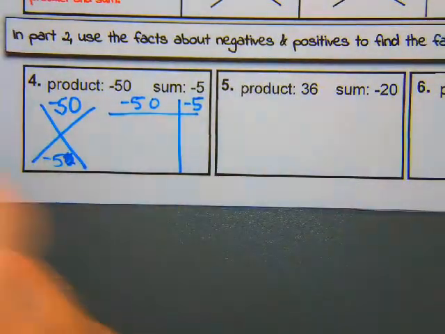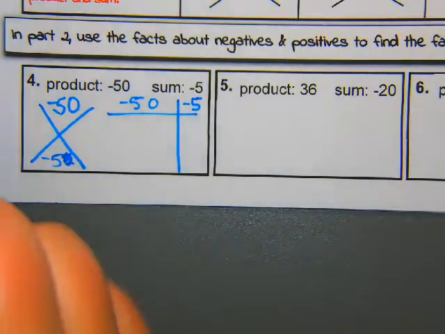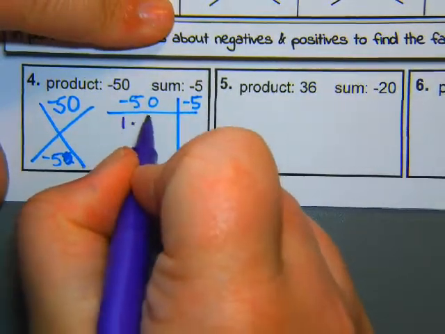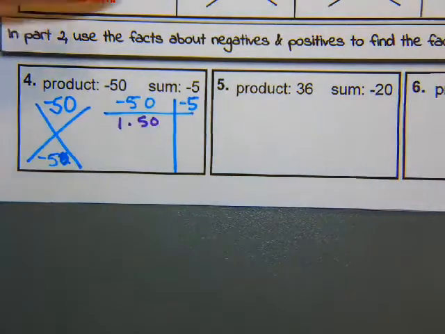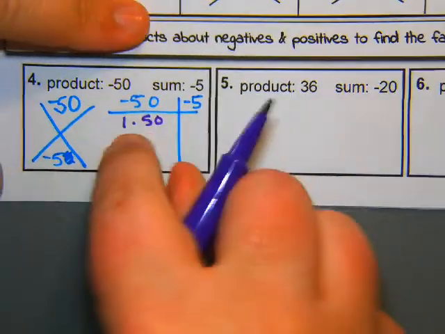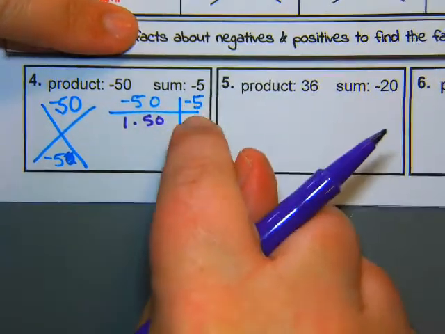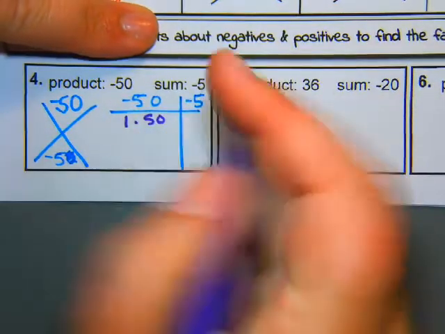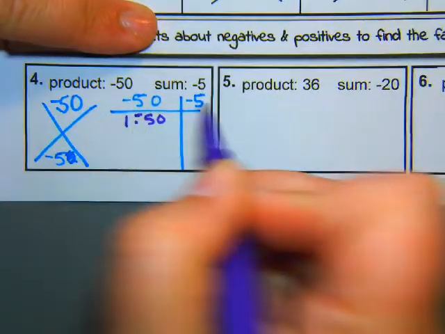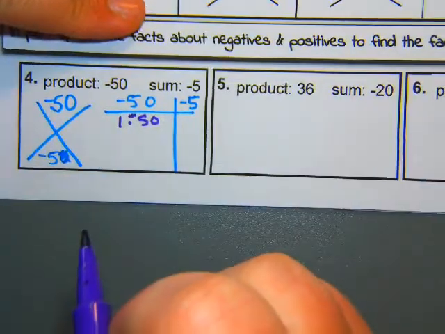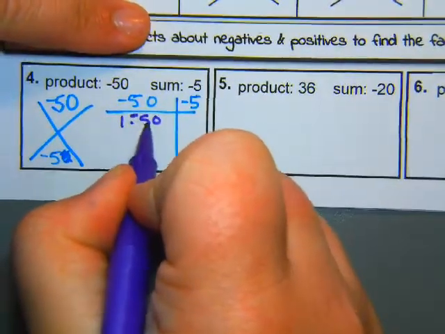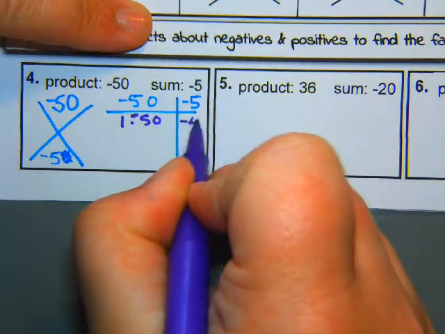Well, let's ignore the negative just for one second. We know 1 times 50 is 50. One of these needs to be negative. Well, if they add to a negative, then the bigger number should be negative, right? Because if we make the 1 negative, they'll add to positive 49. If I make the bigger number negative, they'll add to negative 49.